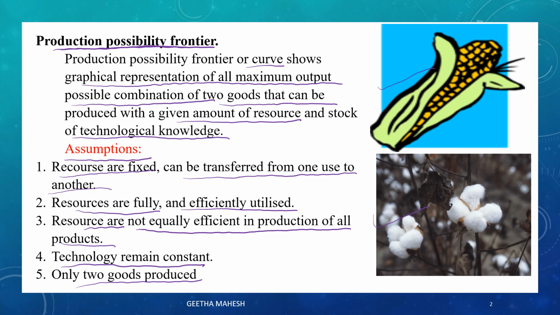We can produce n number of goods and services in an economy, but in our example, only to understand, we have taken two goods, as we can represent these in an L-shaped diagram and show one good on the x-axis and one good on the y-axis. So we assume that the economy is going to produce only two goods.